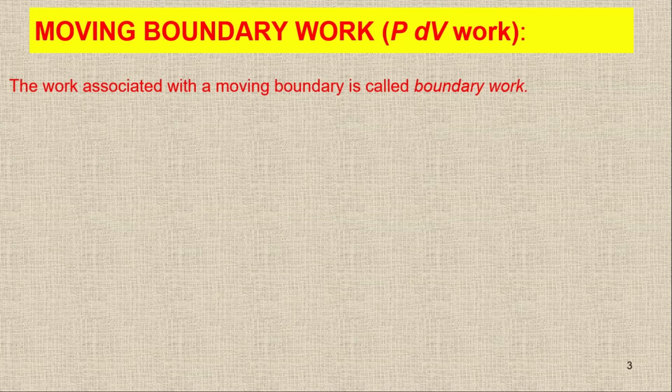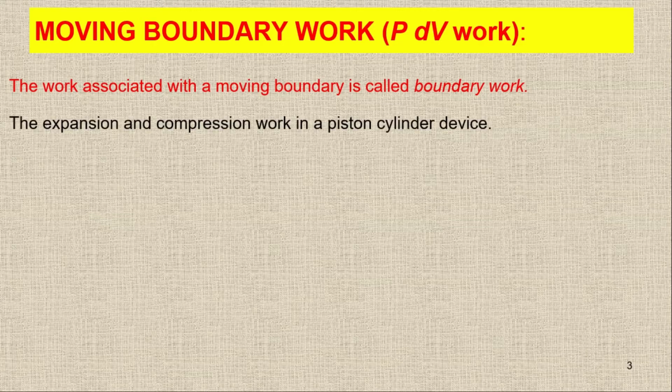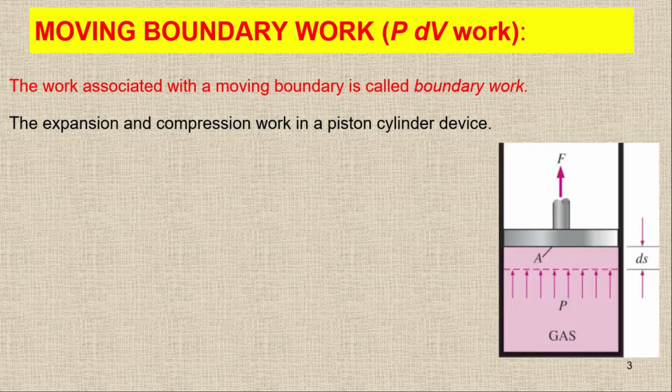Normally, the moving boundary work is the work which is associated with the moving boundary. So for this type of work, there should be a piston cylinder device. Whenever there is an expansion or compression process in a piston cylinder device, then you will get a moving boundary work. Let's suppose we have a piston cylinder device, as you can see here.